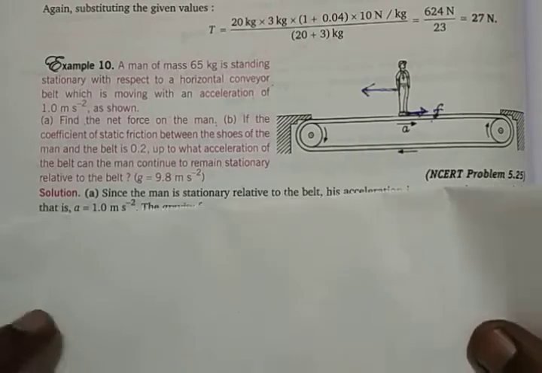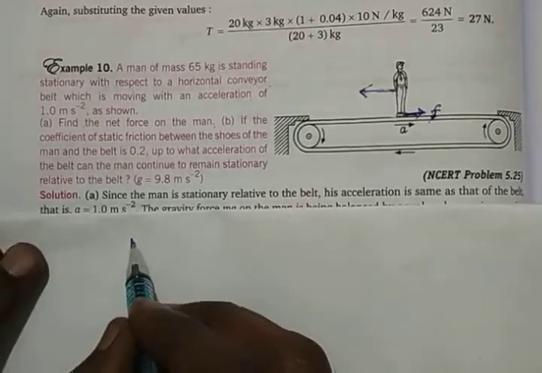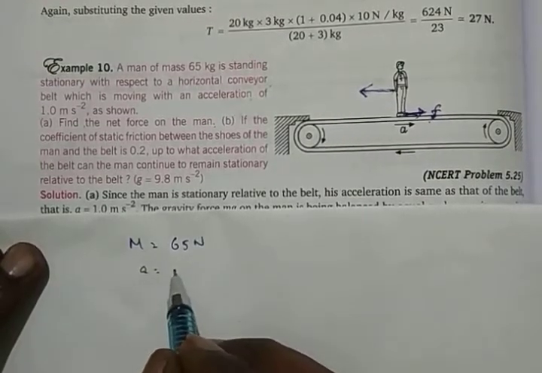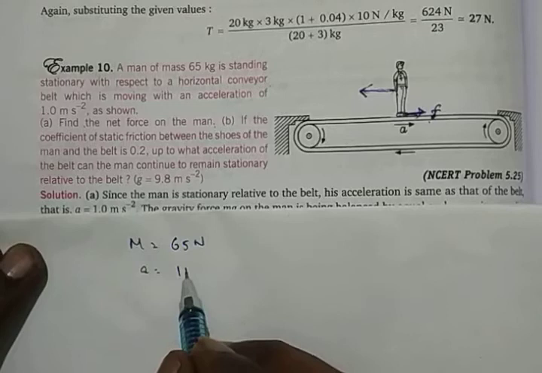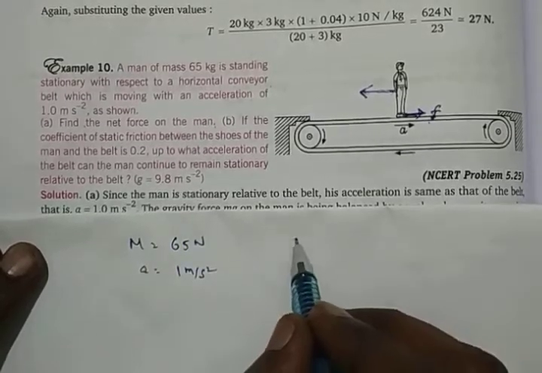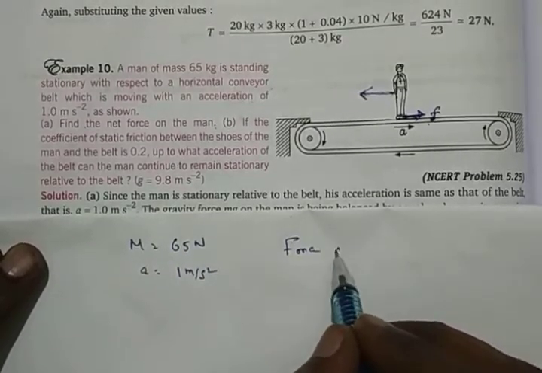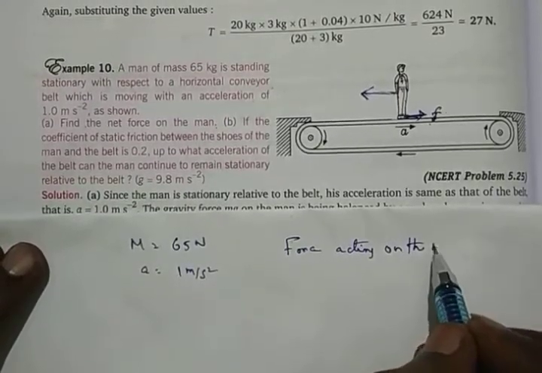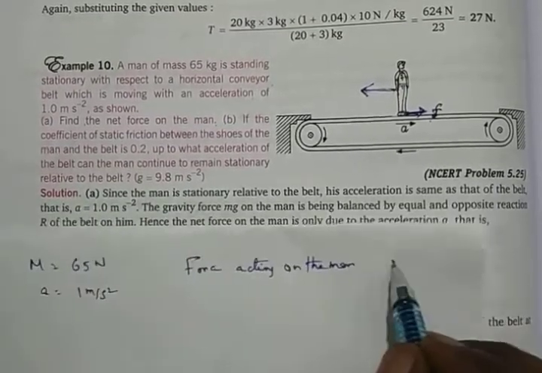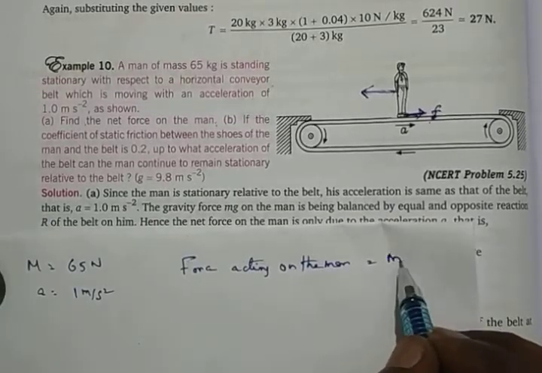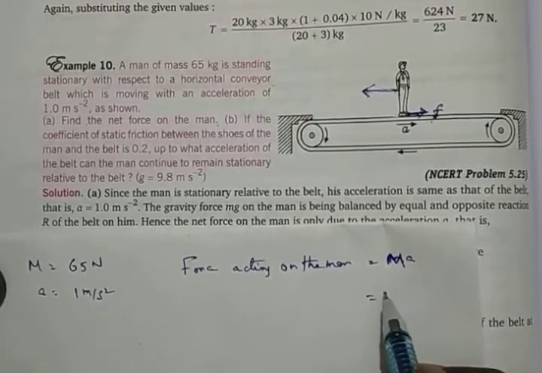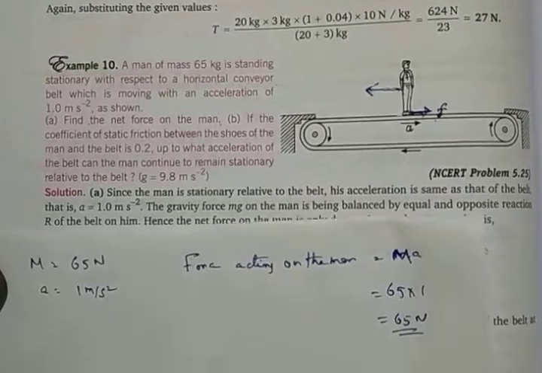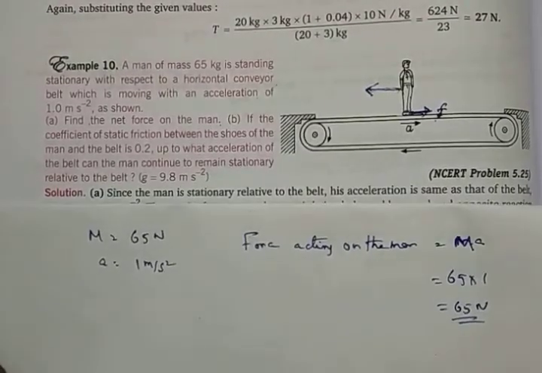Now first of all, write down the basic quantities. Mass of man is equal to 65 kg, and acceleration is going to be equal to how much? 1 meter per second square. So the force acting on the man: how much is it? m into a, 65 into 1, equal to 65 newtons.